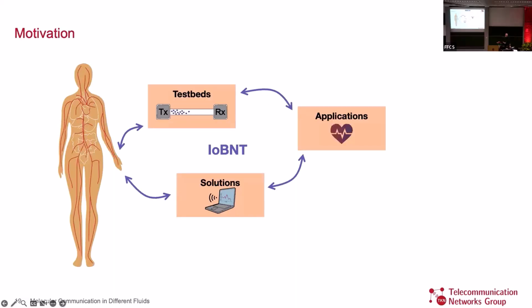We looked into how we can get more insights on how flow properties change if we have blood instead of water. So we started a collaboration. We are in Berlin, so we started a collaboration with Charité, and we looked into how exactly these blood properties are identified.